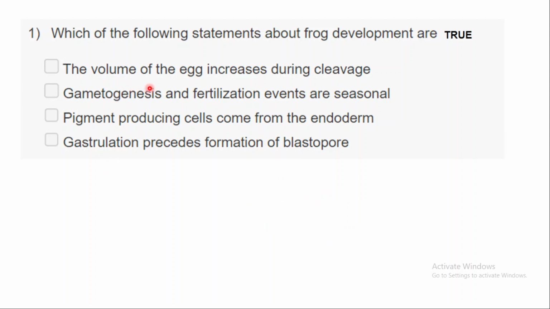The volume of egg increases during cleavage. Option B, gametogenesis and fertilization events are seasonal. Option C, pigment producing cells come from the endoderm. And option D, gastrulation precedes formation of blastopore. Now, which one of these do you think is the correct answer? Which statement is true about frog development?